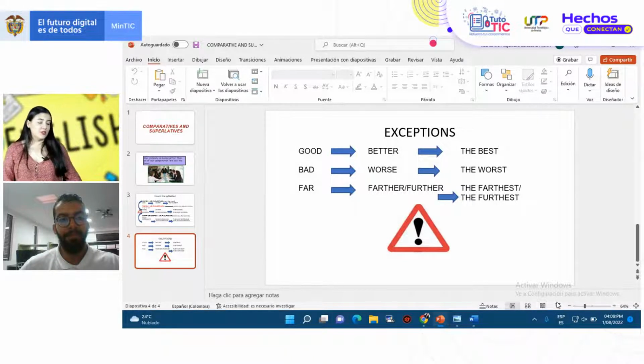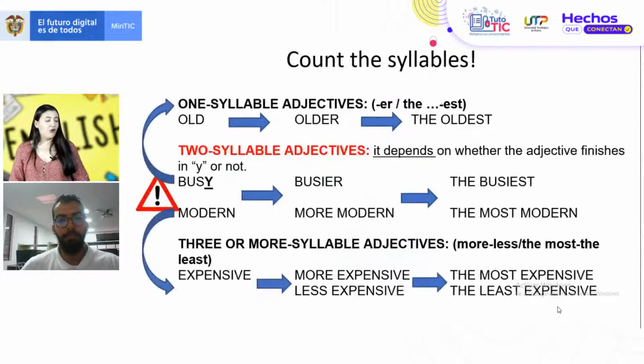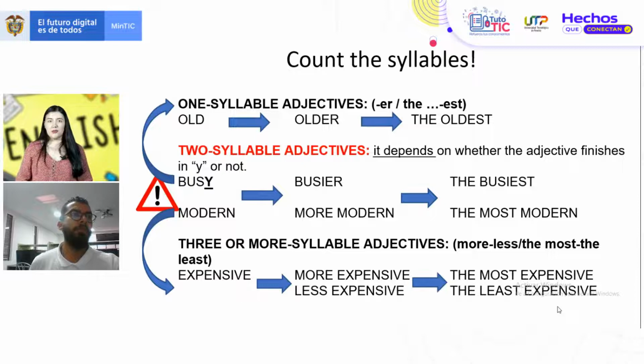Ya todos los que están allí participando en el chat hicieron comentarios correctos acerca de comparaciones. Pero entonces, si vamos a hacer superlativos, ¿cómo sería? La regla es la misma, ¿sí? Aplican las mismas sílabas, pero lo que cambia es la terminación de esos adjetivos. Entonces, por ejemplo, si es una sílaba, ya no decimos que la terminación es ER, sino la terminación para hacer el superlativo es EST.